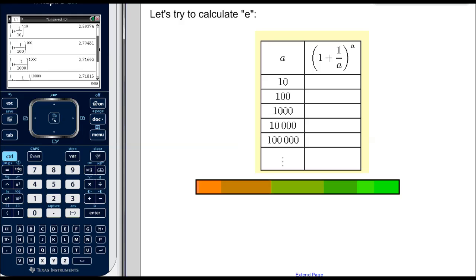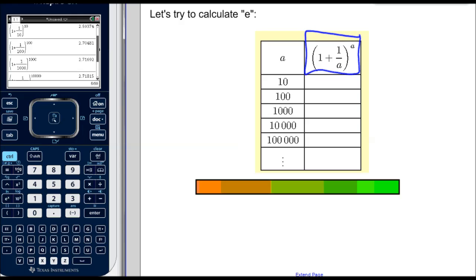So we're going to look at calculating e. This is the definition of e, and it's actually, as you learn about calculus, the limit as a goes to infinity of this expression here.